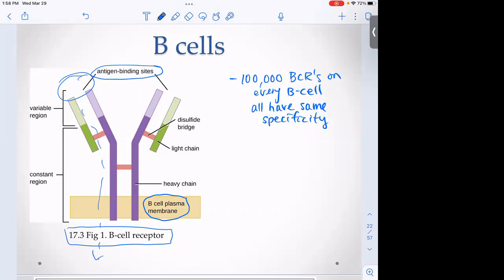So actually, lots of receptors have to recognize the same thing to send a strong enough signal before the B cell can act. And it often takes other signals besides that as well. Okay, so same thing, both variable regions are going to recognize that same antigen.